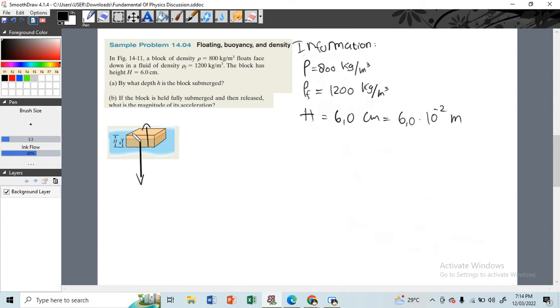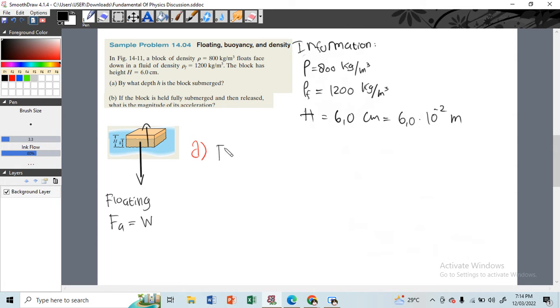Okay, let's try to solve this equation. Let's start from the A part. Because this block is in a floating condition, the Archimedes force, or the buoyancy force, will be equal to the weight of the block.